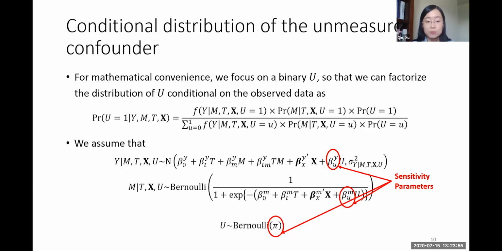To solve this problem, we adopt a stochastic EM algorithm. The basic idea is that we give initial values of these unknown model parameters and simulate U, based on which we could update these model parameters. We then iterate this procedure until convergence.